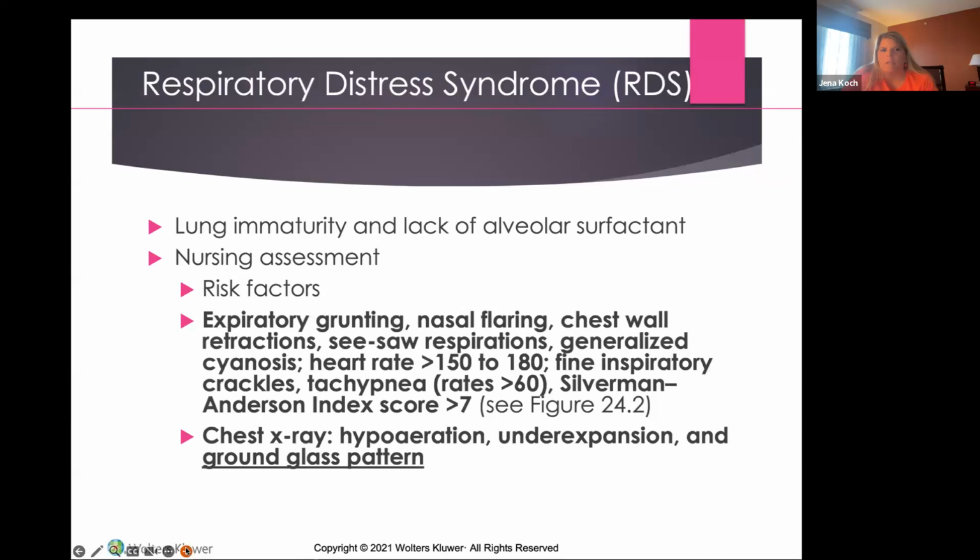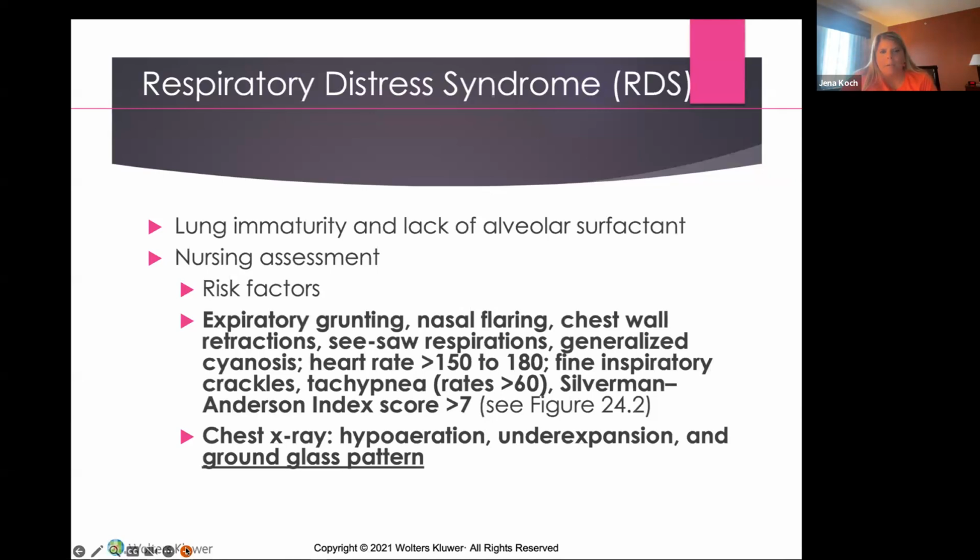Respiratory distress is the most common NICU admission diagnosis. A lot of the time it's due to lung immaturity or the lack of alveolar surfactant that helps keep the lungs from collapsing and sticking together. Some risk factors, again, are prematurity and a diabetic mom, which will increase RDS.